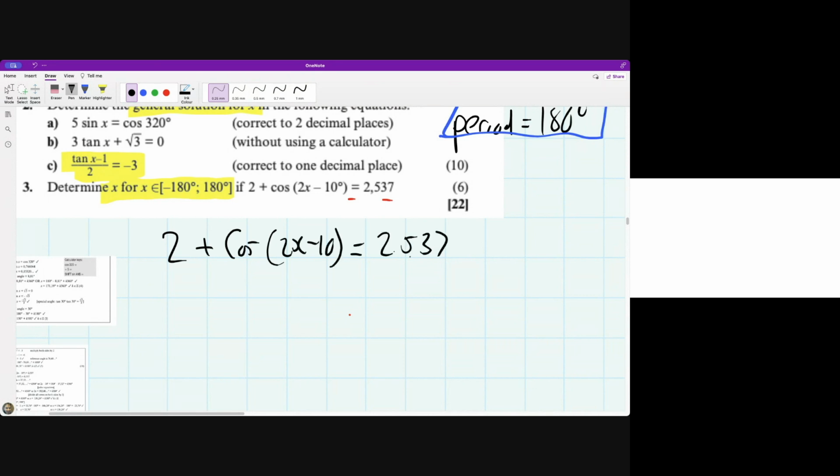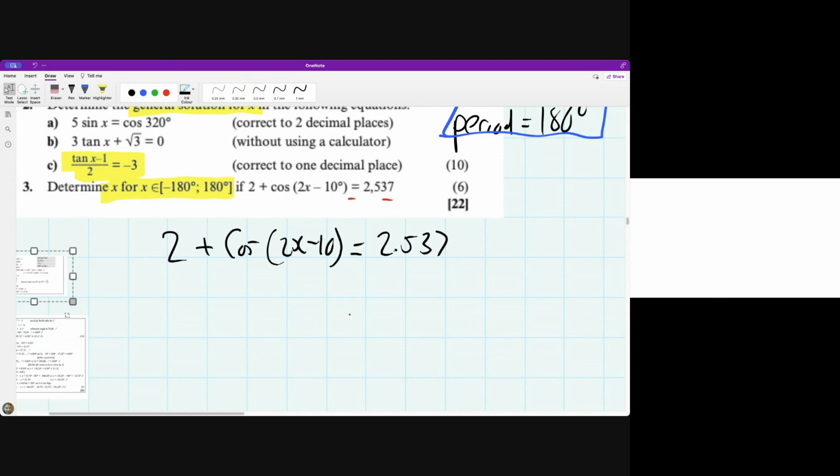Okay, so now I have to start solving this equation. What should my first step be? Who has some wisdom and knowledge to share with us?